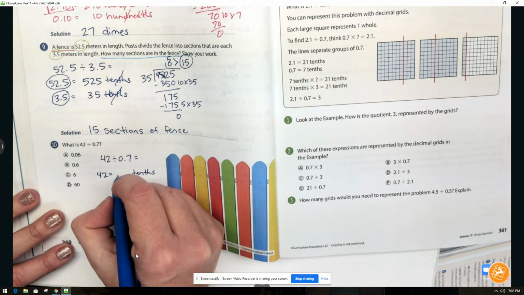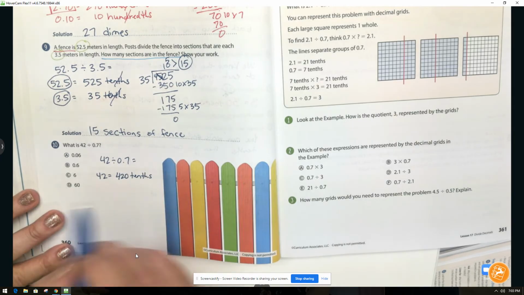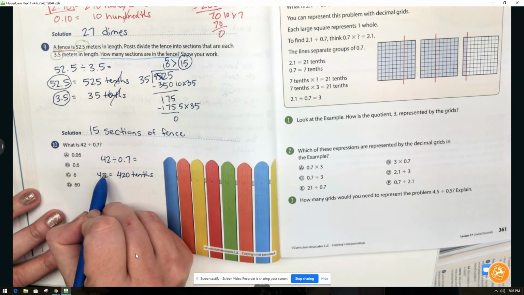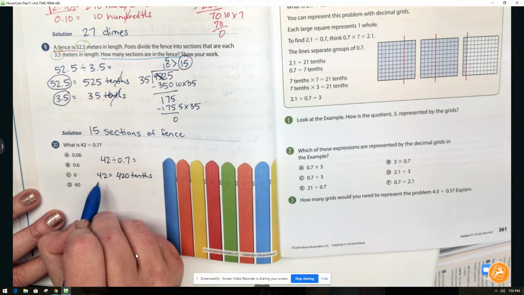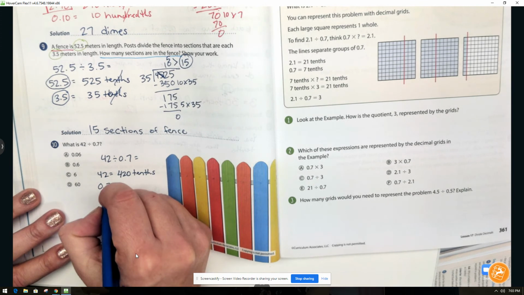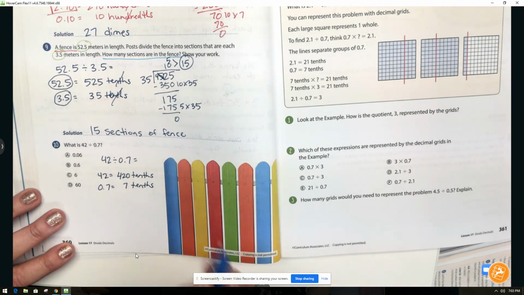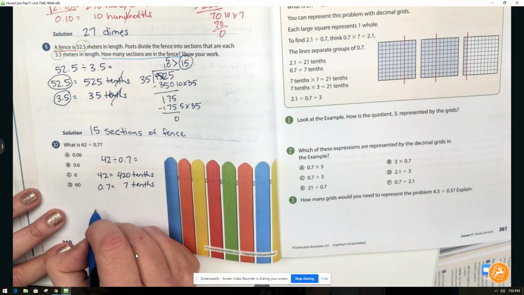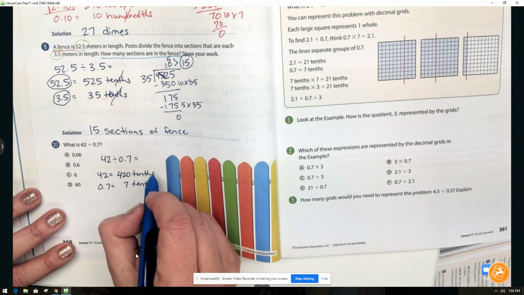That's right, 420 tenths. Because 42 wholes, remember there are 10 tenths in one whole, so 42 times 10 would be 420. And then 7/10 is equal to 7 tenths.